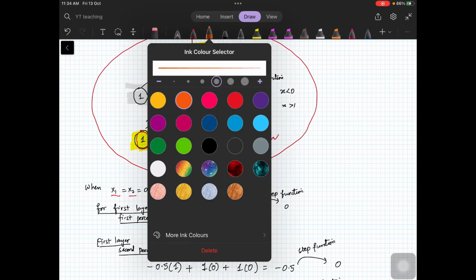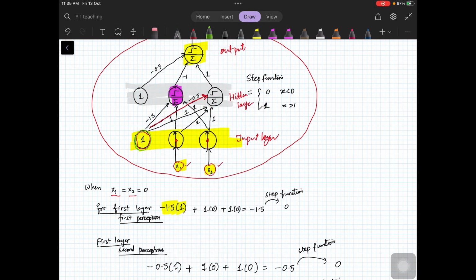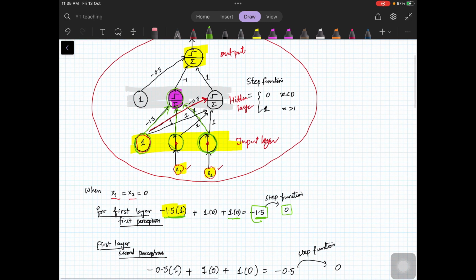So from here 1 into minus 1.5, and then 1 into 0 from here to here, and 1 into 0 from the other input. So the first perceptron will get minus 1.5, and then you have your threshold function that will give us a 0, right? The threshold is set at 0. If anything is more than 0, you'll get a 1, less than 0, you'll get a 0. So from here we are getting a 0 output.